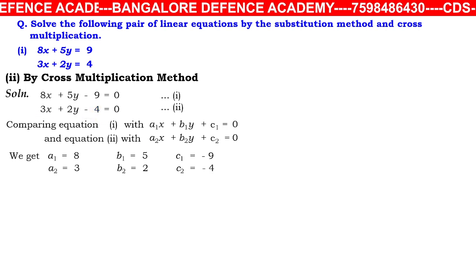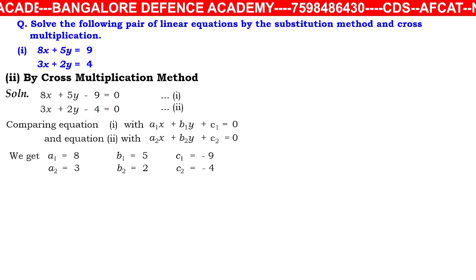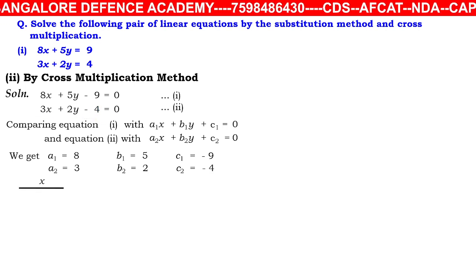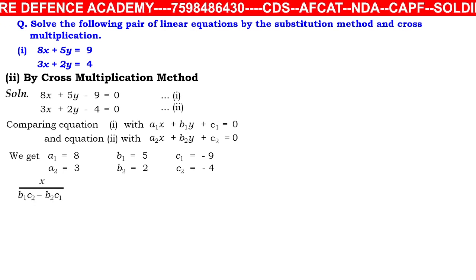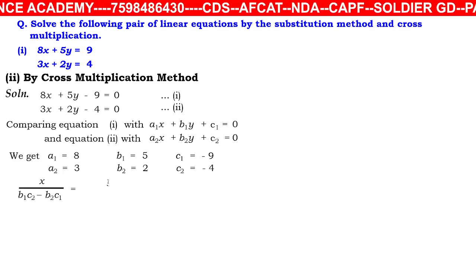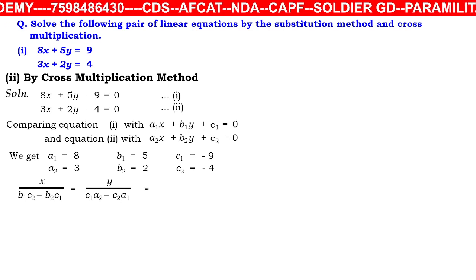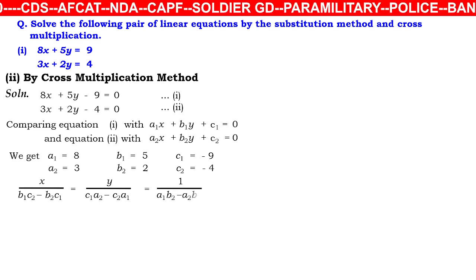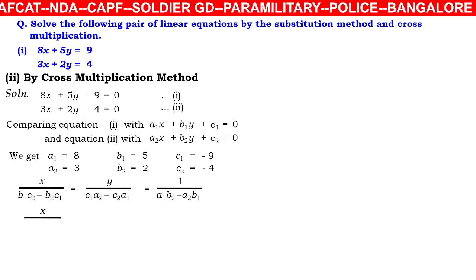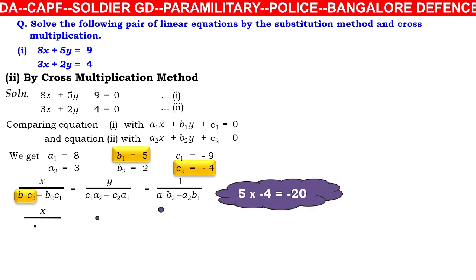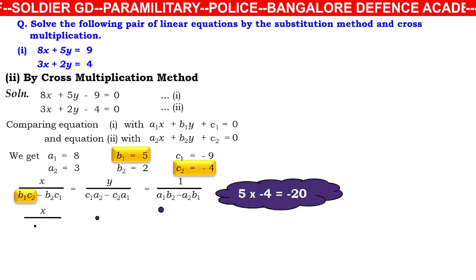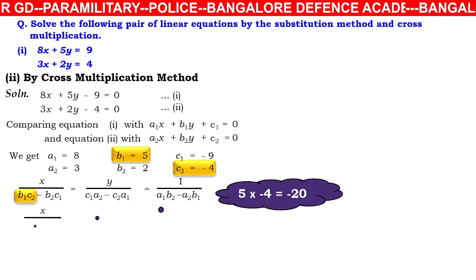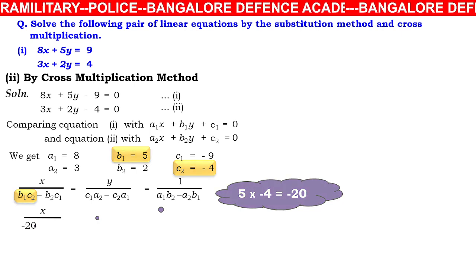Now you have to use the formula: x divided by b1c2 minus b2c1 is equal to y divided by c1a2 minus a1c2, and 1 divided by a1b2 minus a2b1. Now you just put the values here. b1 into c2 gives you minus 20.